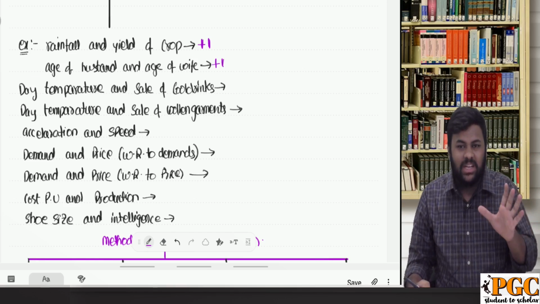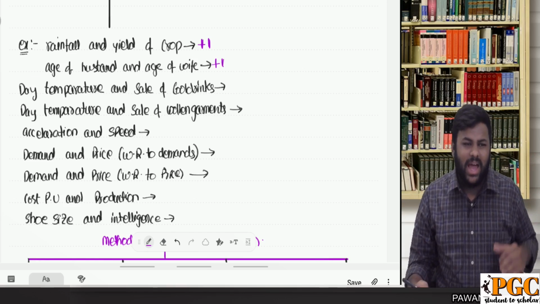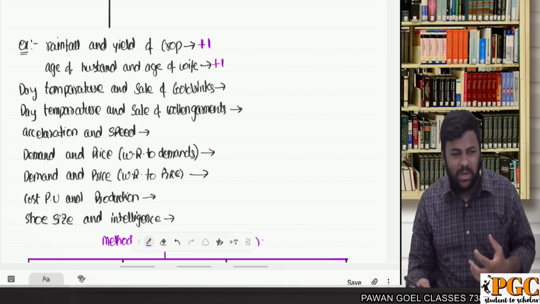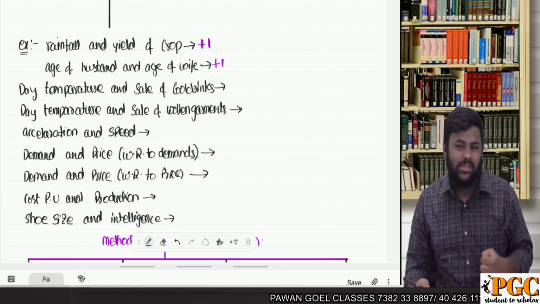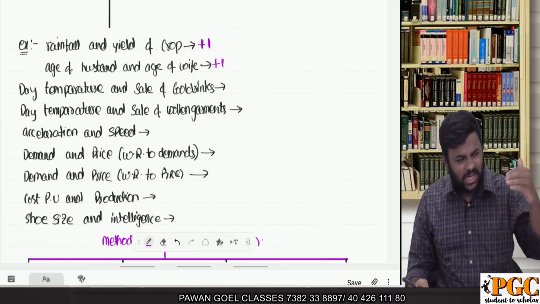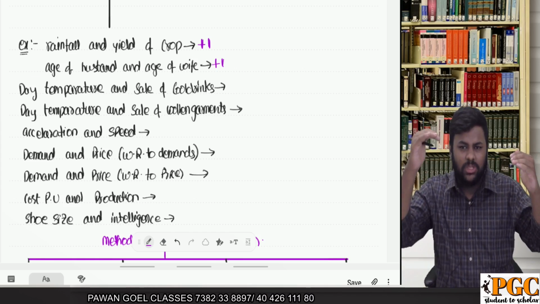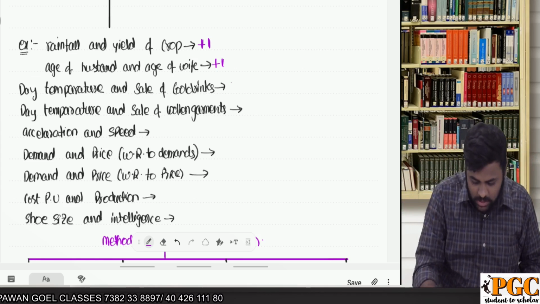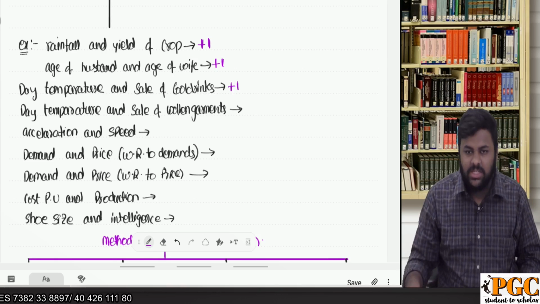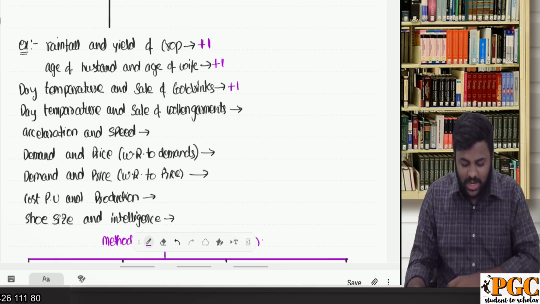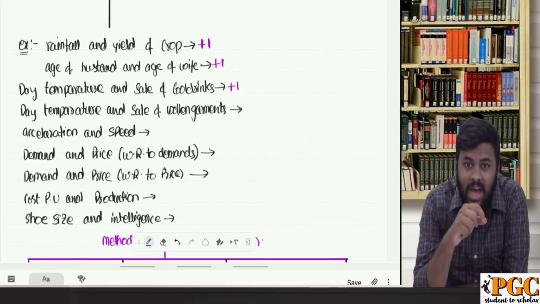Day temperature and sale of cool drinks. As the day temperature increases, people tend to consume more cool drinks, right? So can I say, as day temperature increases, sale of cool drinks also increases. Positive correlation. Next, day temperature and sale of woolen garments.